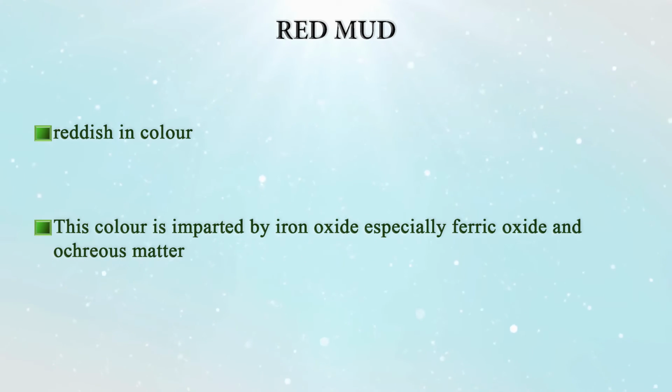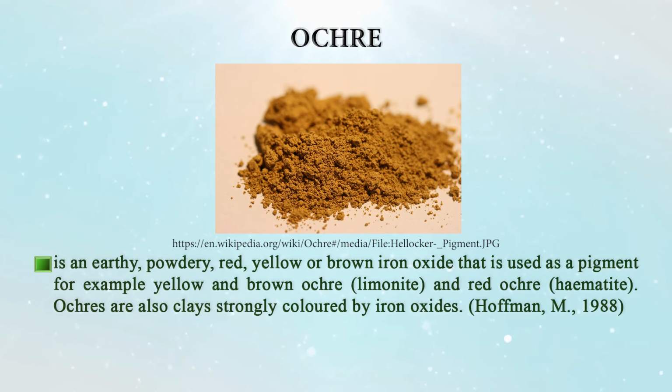Now red mud, as the name suggests, is reddish in color, and the color is imparted by iron oxides, particularly ferric oxide and ochreous matter. Now what is this terminology, ochreous matter? So ochre is an earthy, powdery, red, yellow or brown iron oxide that is used as a pigment. For example, yellow or brown ochre and red ochre. Yellow or brown ochre is mostly limonite, and the red ochre mostly comes from hematite.